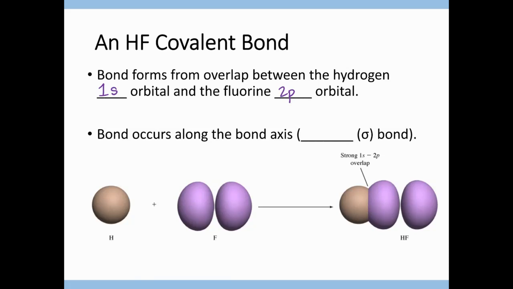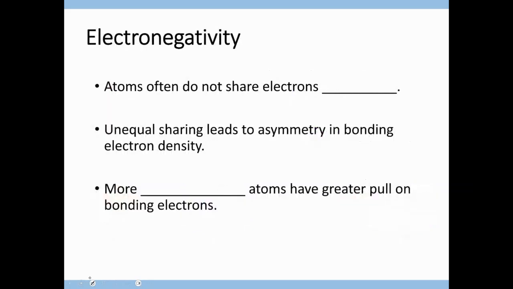They overlap along the bonding axis, which we call a sigma bond. So that's how these orbitals are overlapping, how the two atoms are sharing electrons.